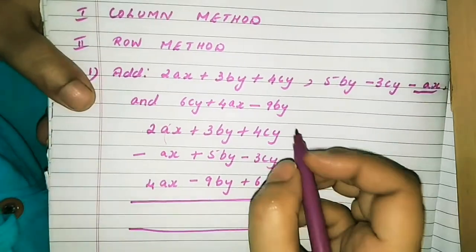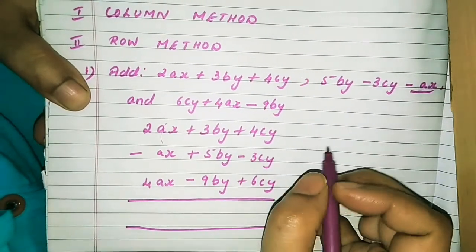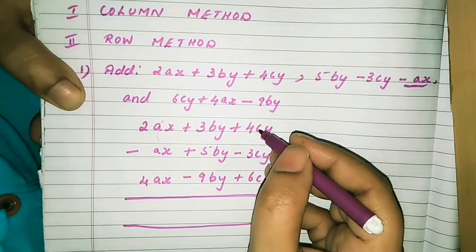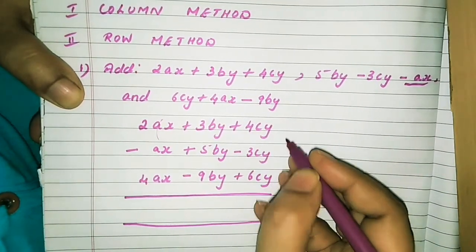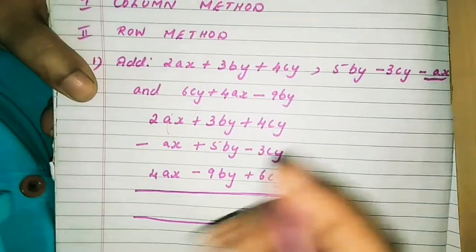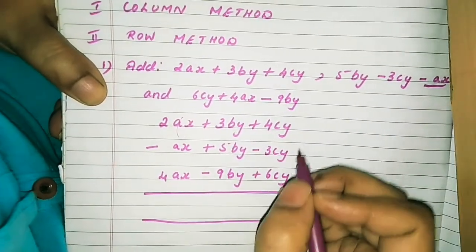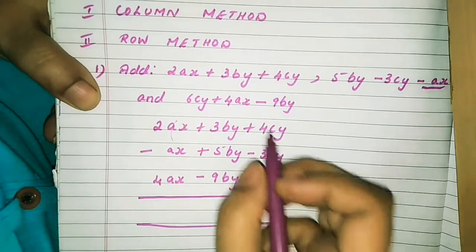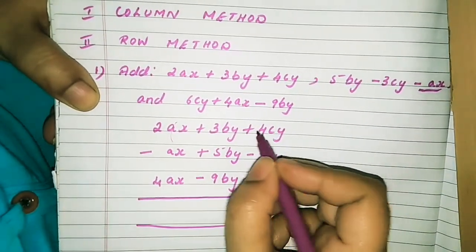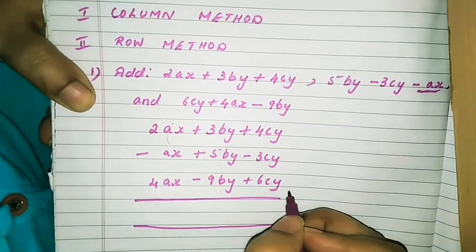First, let's start from the left hand side. What I see here is plus 4cy and plus 6cy. First, let's add the numerical coefficients of the same signs. I see plus 4cy and plus 6cy.